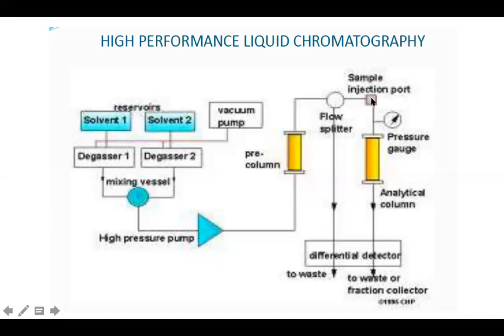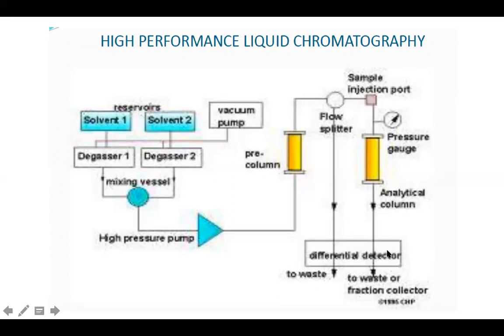And then you see solvent is coming here, and the solvent and this sample mixture move through the pressure, through this column packed with, as I told you, different porous materials, and this analytical column separates the compounds depending on their molecular weight, their affinity towards the stationary phase, as well as other properties, and then it moves here and finally gives you the peak.